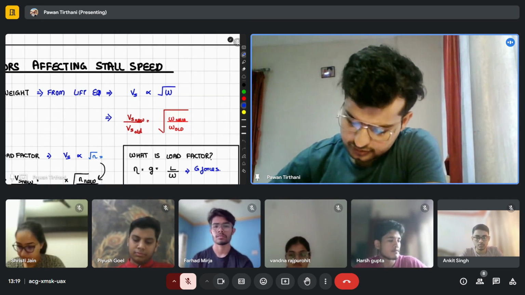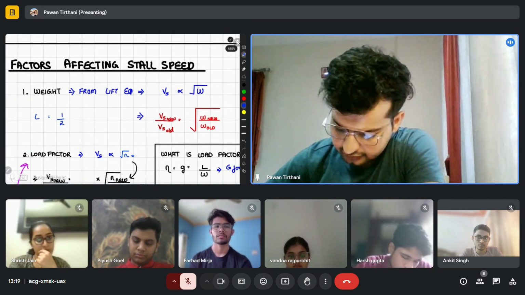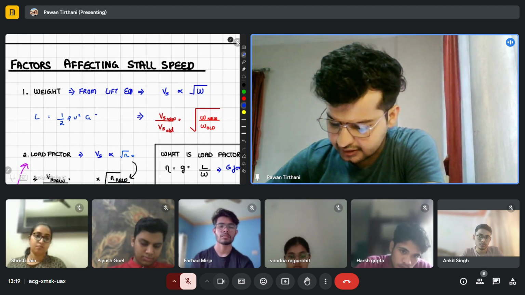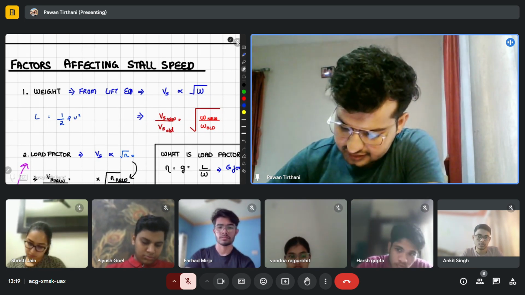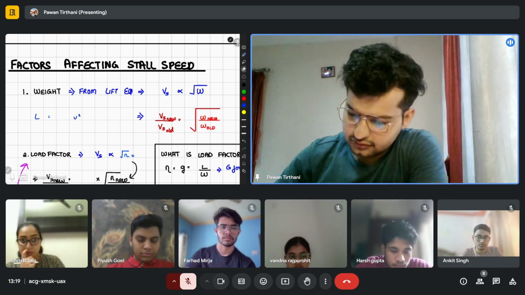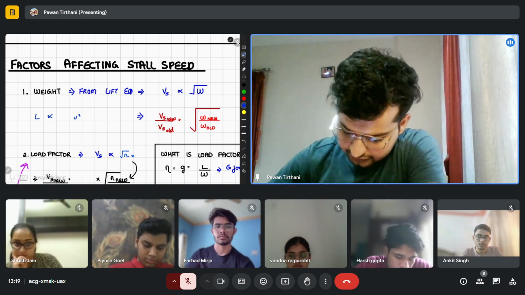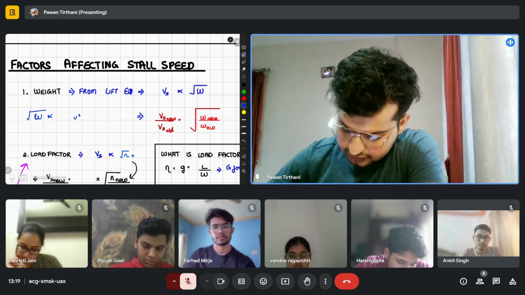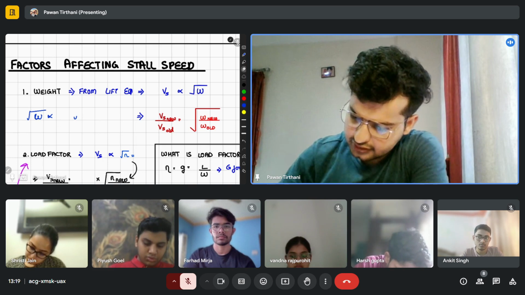So why square root? Because lift is equals to half rho v squared CLS. Now for any given day, CLS is constant, half rho is constant. So V is directly proportional to square root of lift or weight, and weight is proportional to Vs.